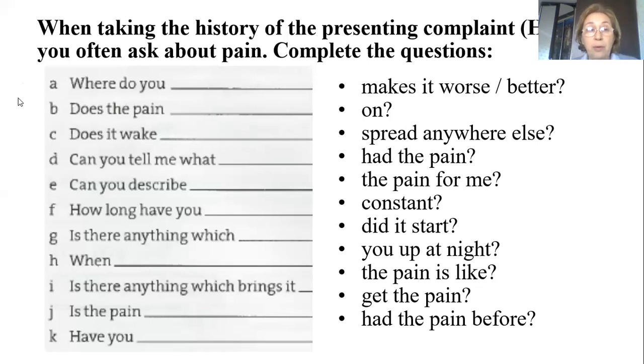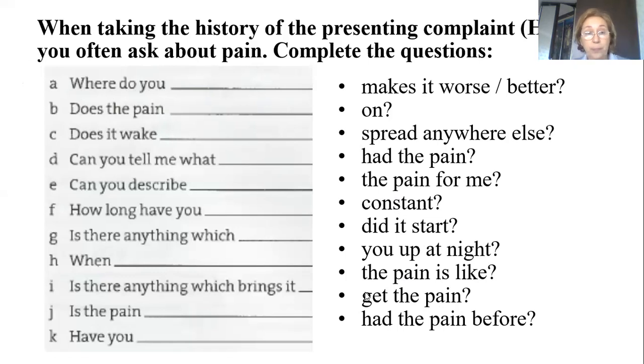For example, if we have a look at the first line here, question A, this is, where do you? Please read the phrases which are given to the right and find the phrase which can be used with this question. Get the pain. Yes, where do you get the pain?